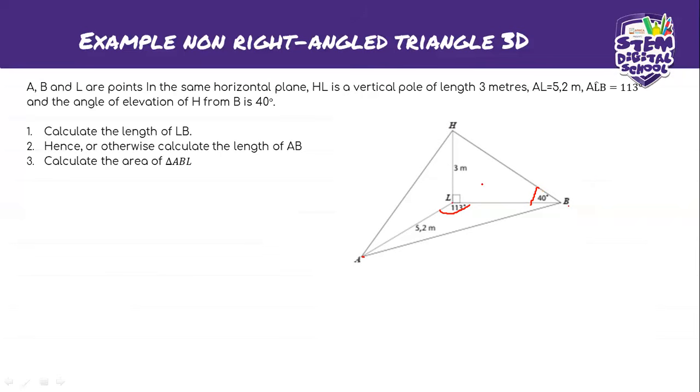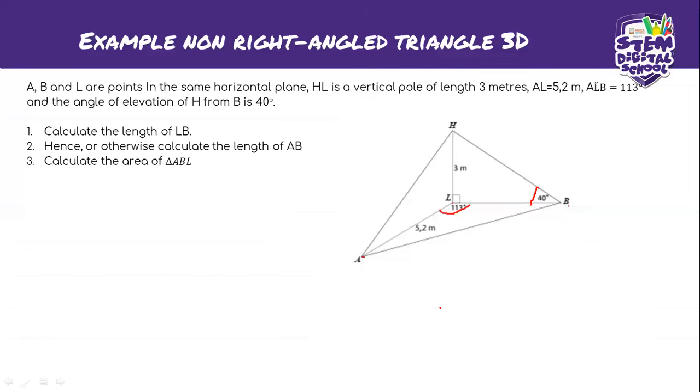Before we can calculate that, you can see we have more than one triangle in this picture. We have HLB, we have HLA, we have ALB, and the last one is ABH. You understand? So we have 4 triangles.